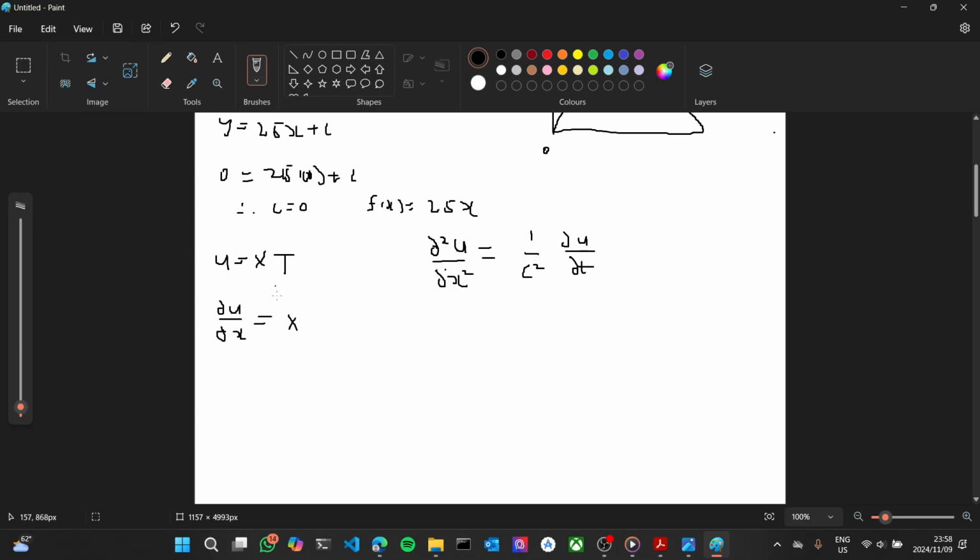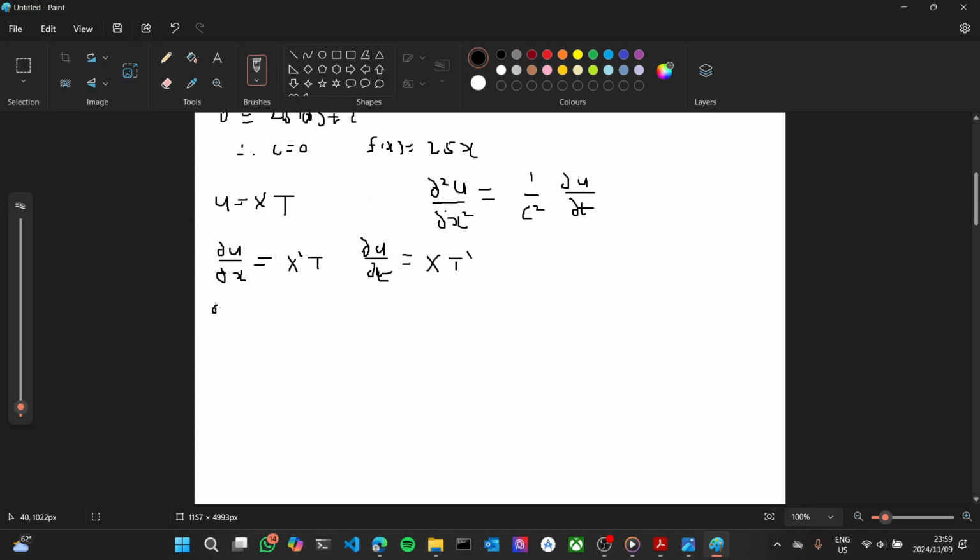So here we'll get x prime times t, and if we partially differentiate u with t, we're going to get x times t prime. So we need the second partial derivative now, right?